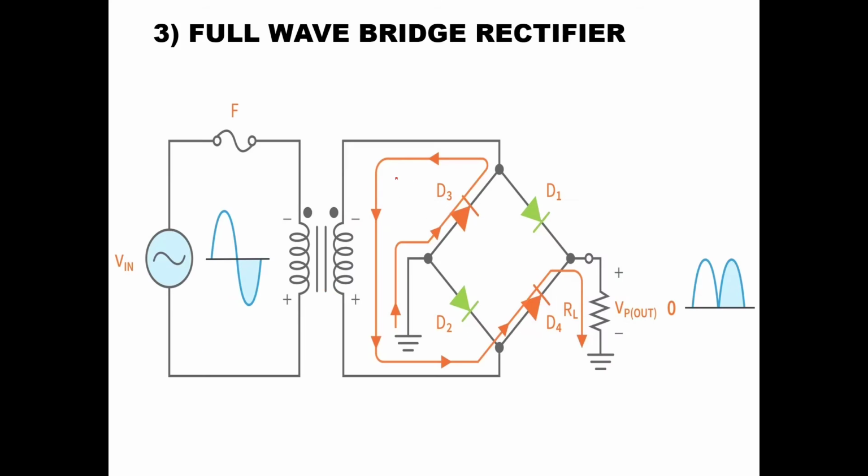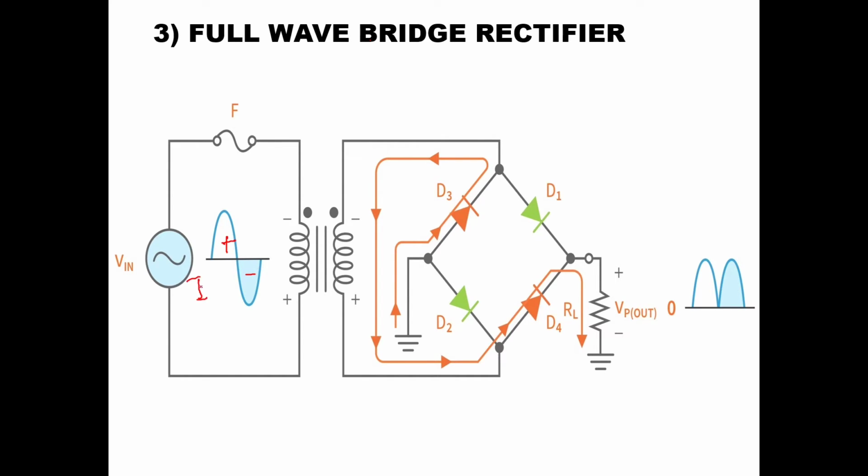at the output. So if you see the complete diagram here, the input, which is called V in, is applied to the transformer. In the input we have shown the AC positive half cycle and AC negative half cycle.